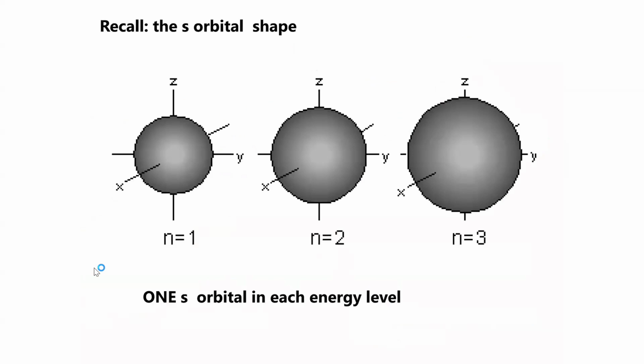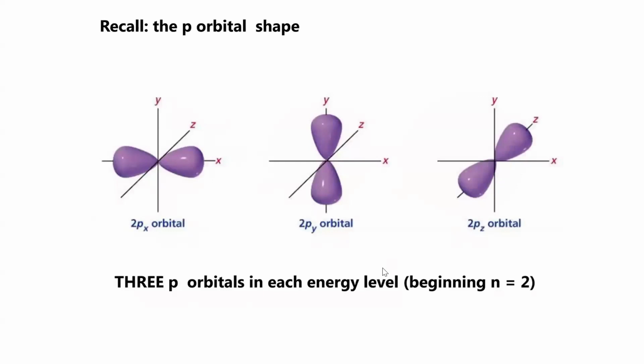So the shape of the s orbital is spherical. When the energy level is 1, we have something like this, and for energy levels 2 and 3, we have the s orbital in each energy level. So s has a spherical shape. And then of course, the p orbital shape is dumbbell.